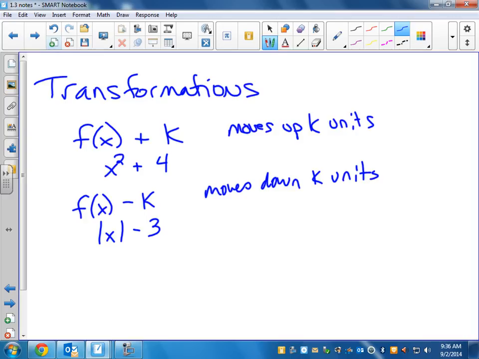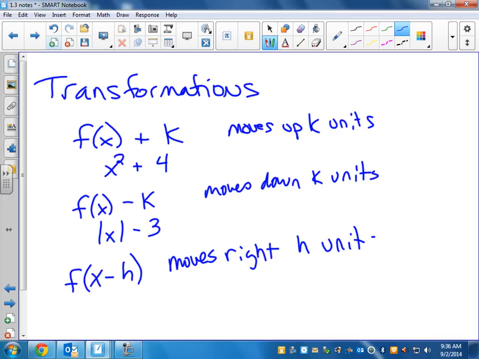Left and right, it's inside the function. So that would be like f of x minus h, right? So it's inside the function, means that it moves right h units. So an example of that would be like x minus 3 squared, right?